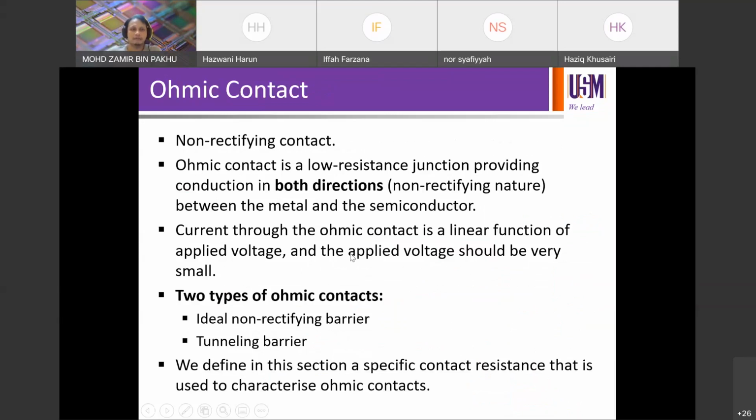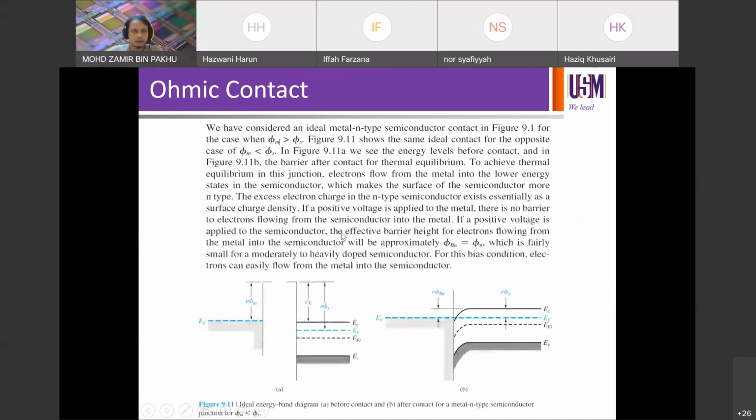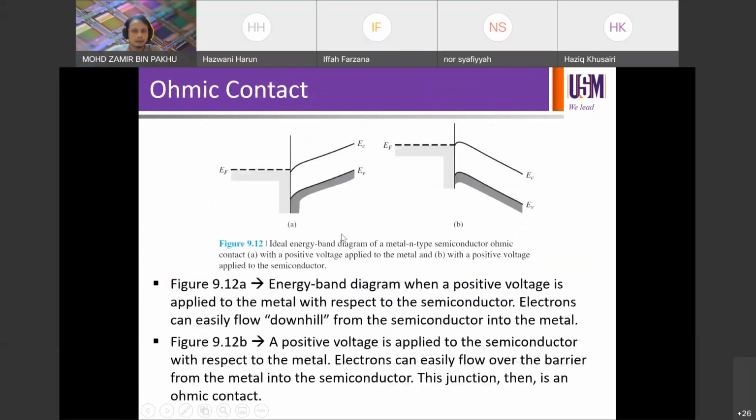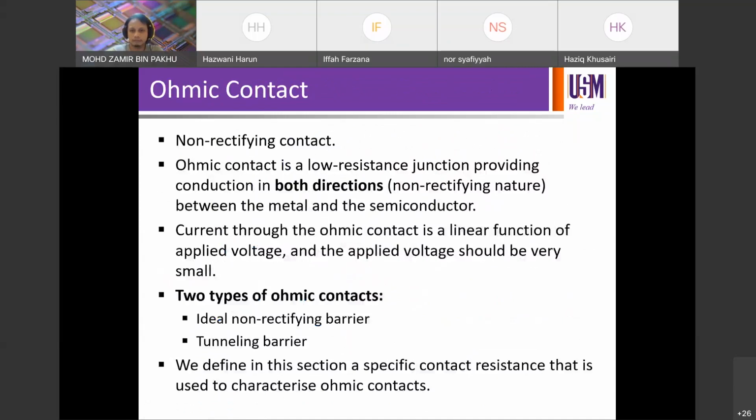On the other hand, if you talk about ohmic contact, let me go through it for a few more minutes. It's called non-rectifying because it allows current to flow in both directions.